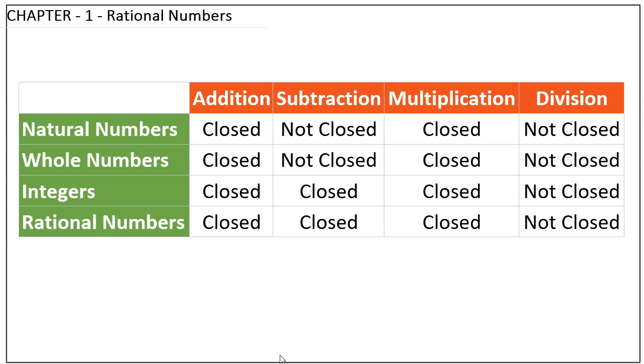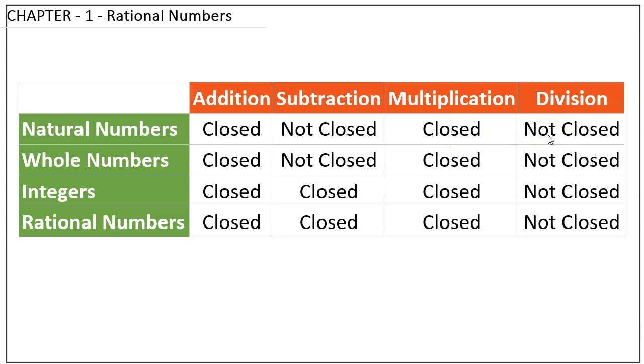If you can understand this table clearly, then I think you got the whole concept properly. Here are natural numbers and different kinds of operations. Natural numbers are closed under addition, not closed under subtraction, closed under multiplication, and not closed under division.